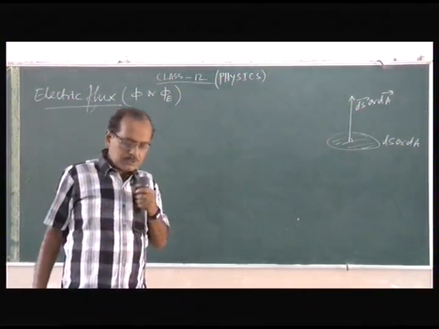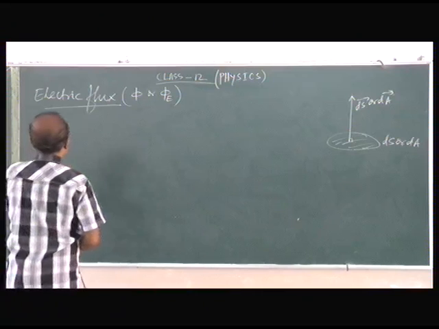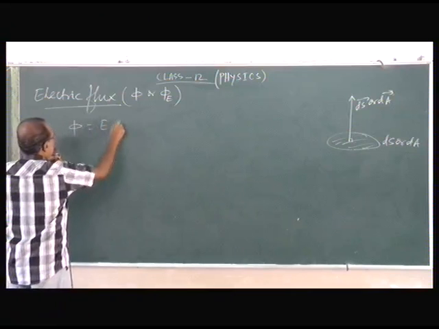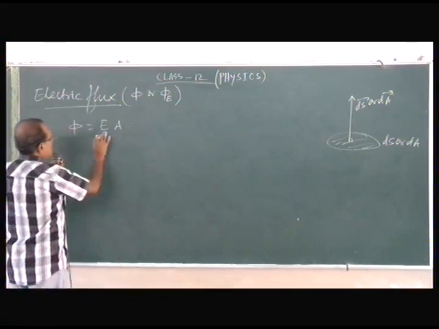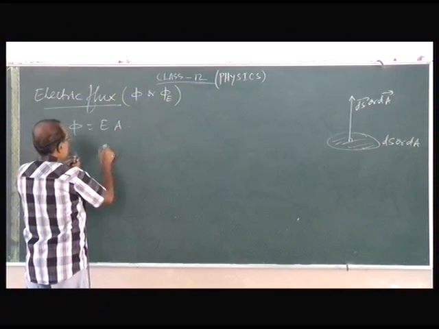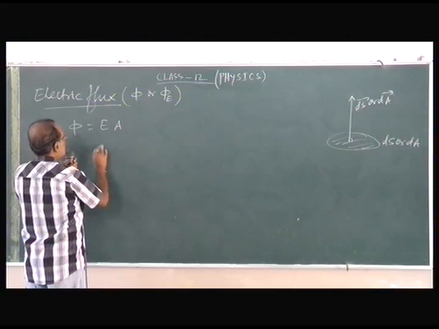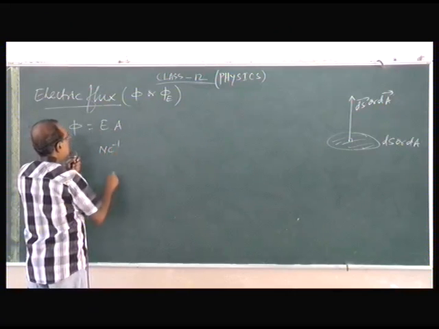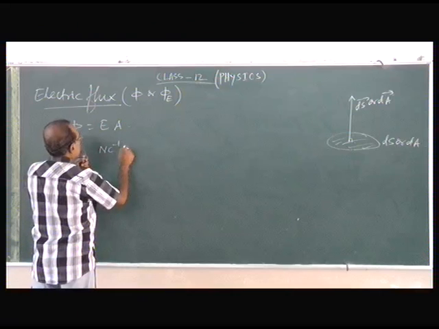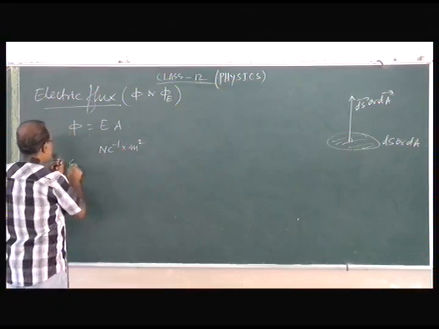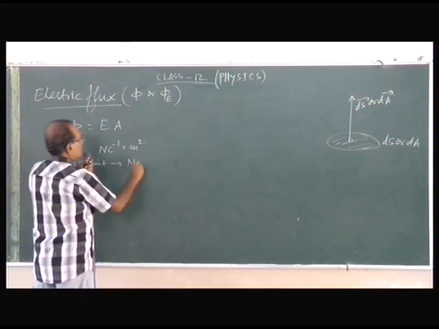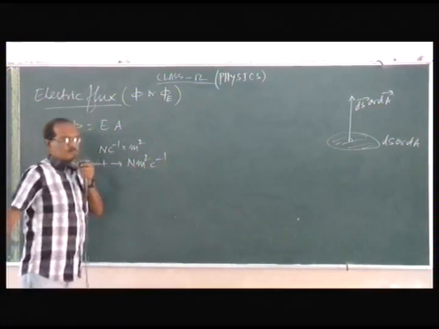Now the SI unit of electric flux. Electric flux is equal to simply E into A. Its unit is Newton per Coulomb into meter square. So its SI unit will be Newton meter square per Coulomb.